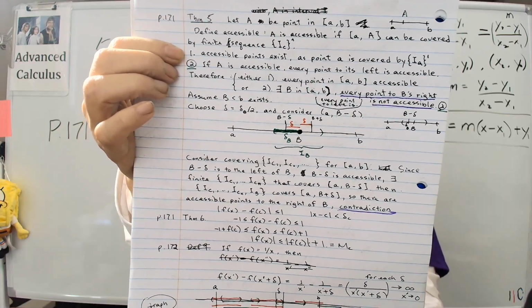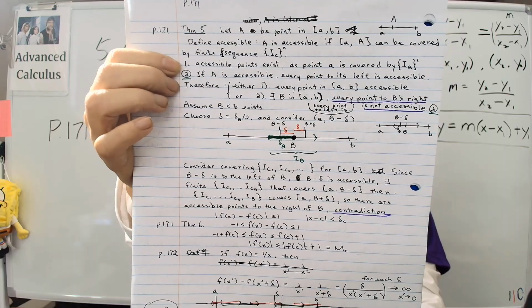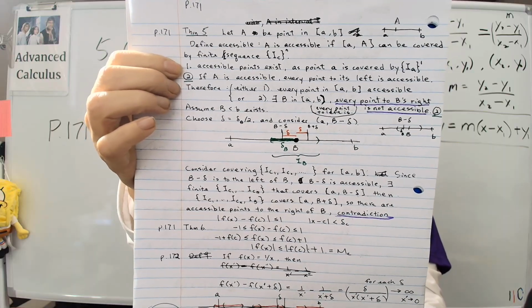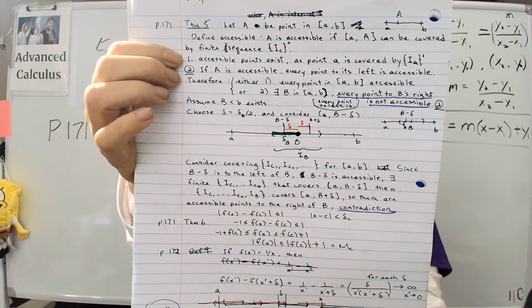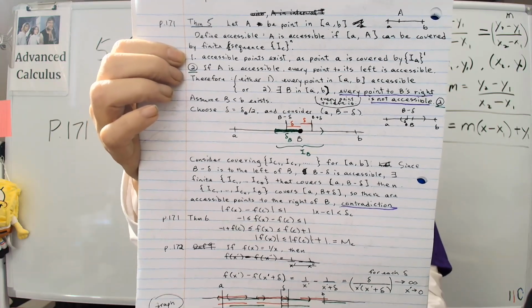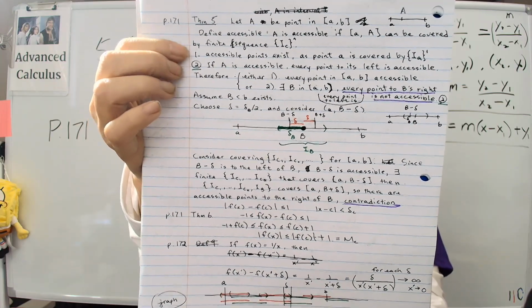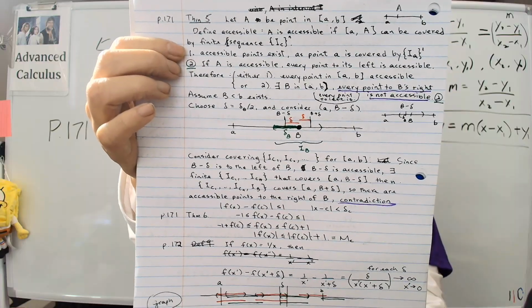We have to show that there is such a thing. Well, if nothing else, small a is covered by its own interval, I_a. So at least there's one point that is covered by a finite sequence of ICs.